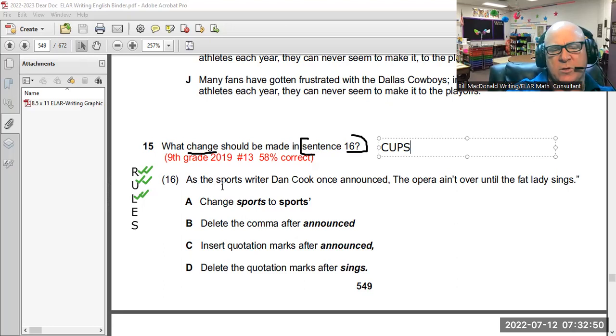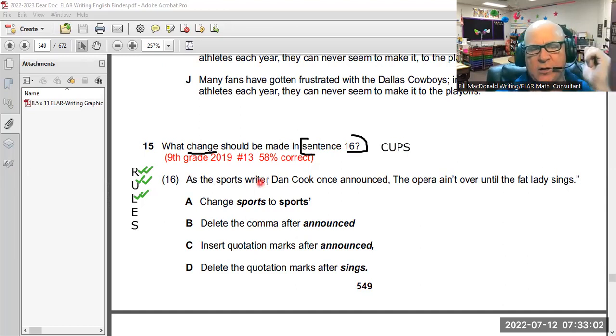All right, so here we go. Following along, capital. As the sports writer Dan Cook, name of a person, once announced, comma, capital.